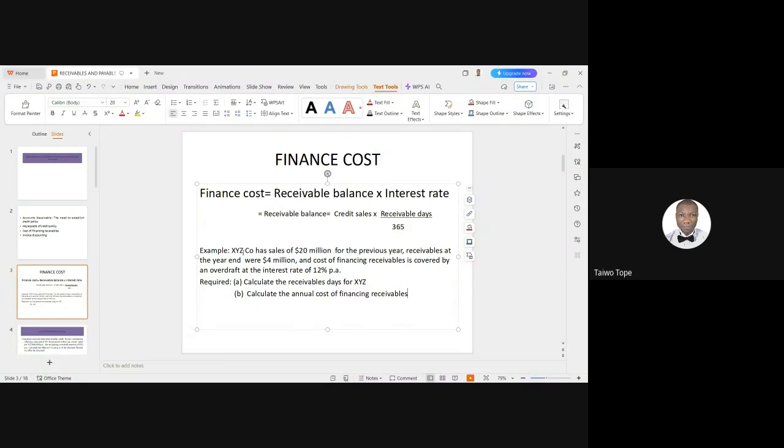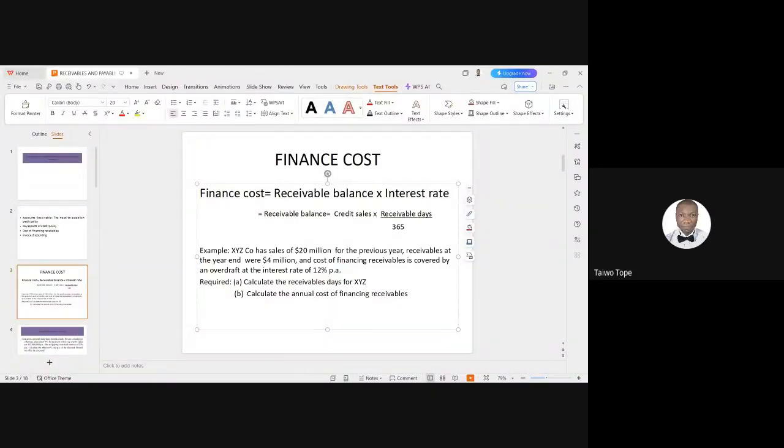Now, from this question, to determine our receivable days, what are the variables we need? Receivables over sales times 365 days.